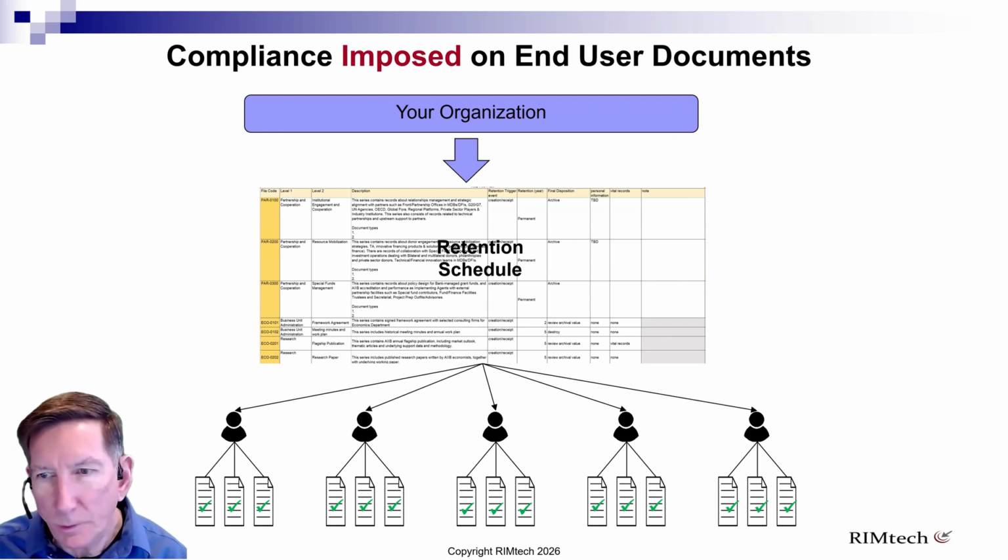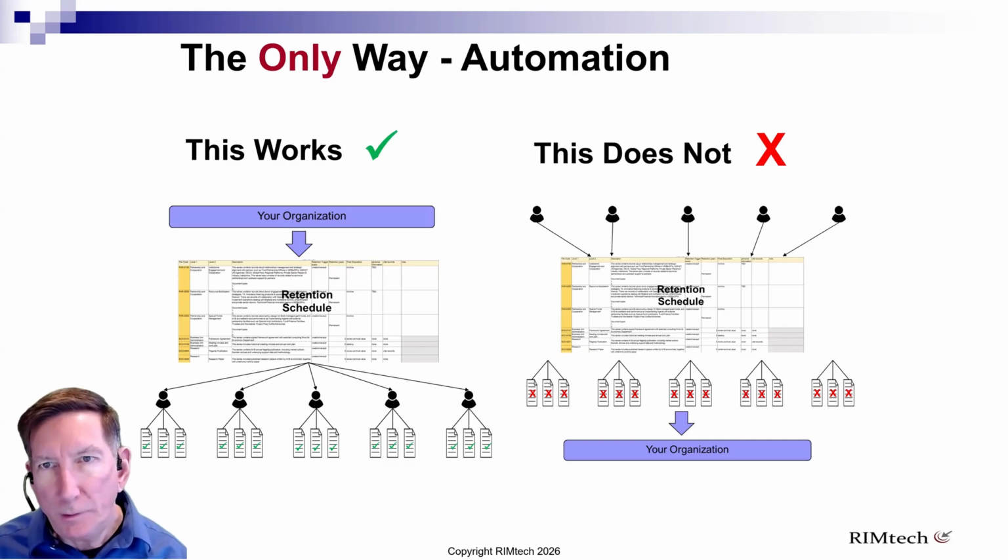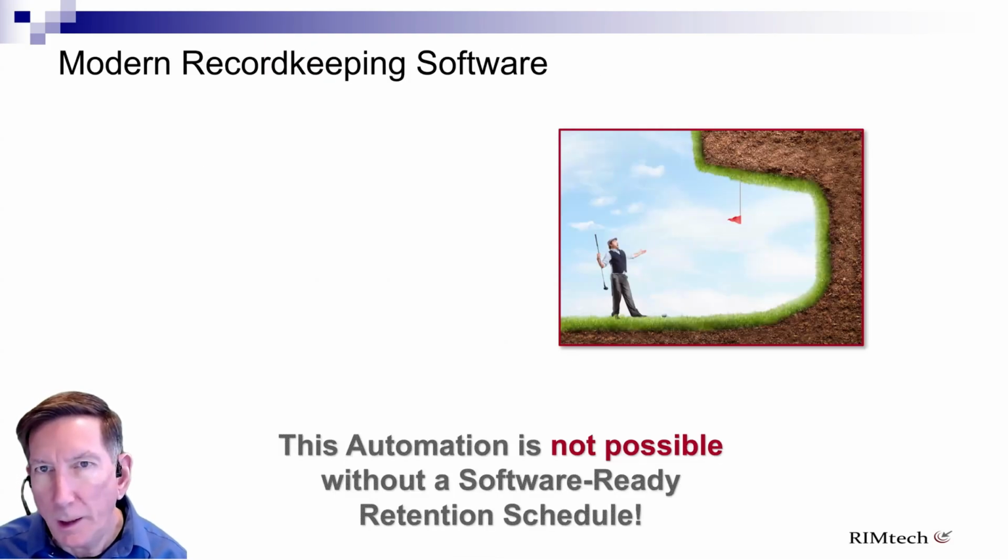It's imposed. We're not asking you what you think it should be. We're telling you what it will be. Of those 2 schools of thought, the one where compliance comes from users just doesn't work. Therefore, we have no choice but to automate, okay?